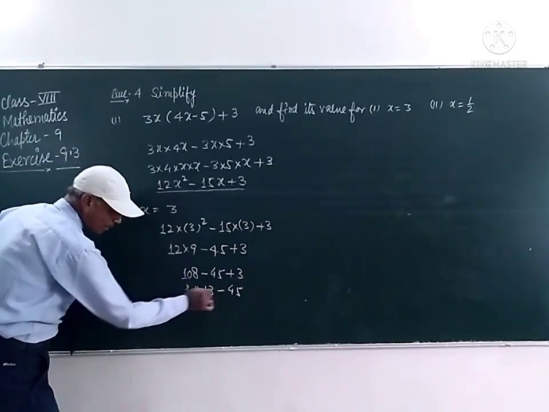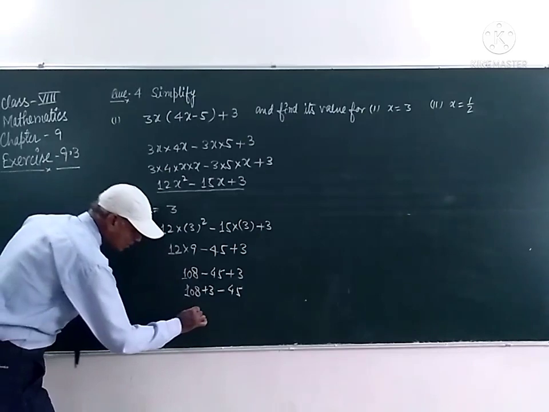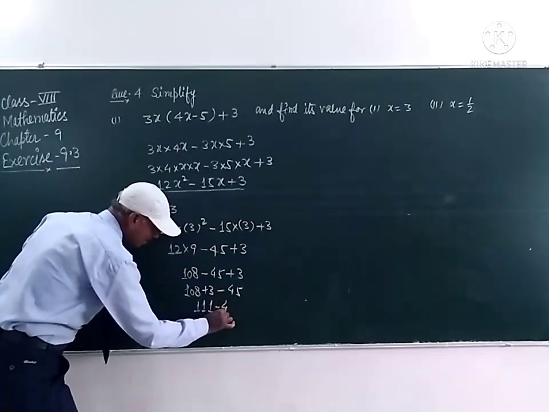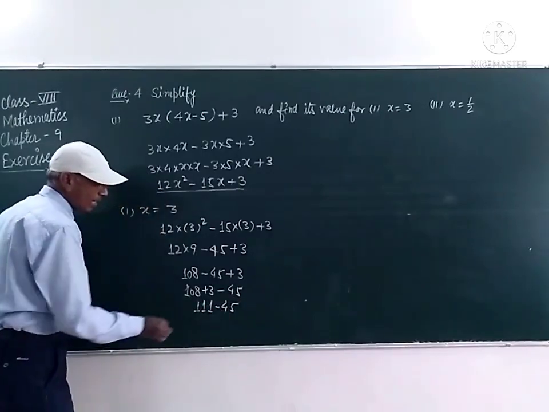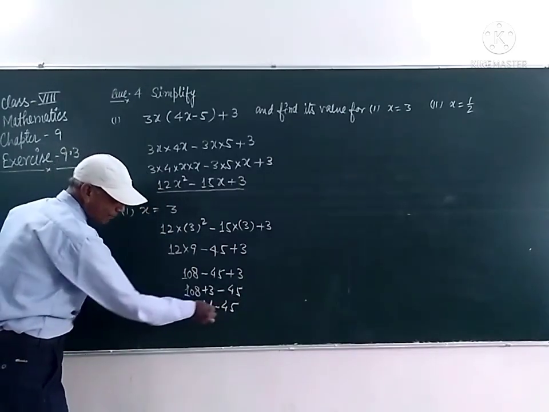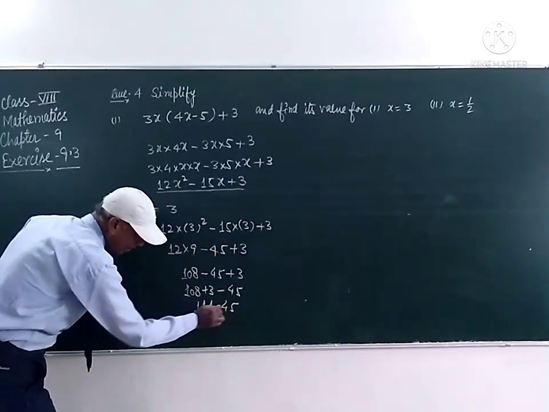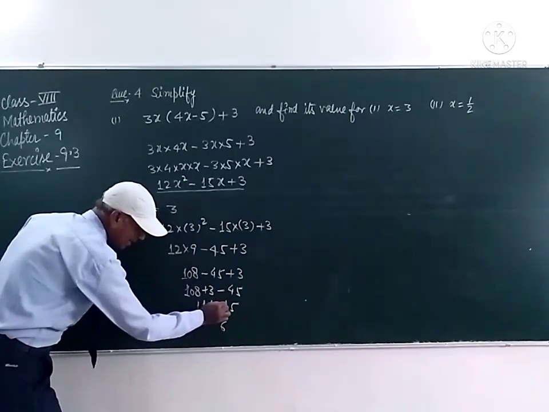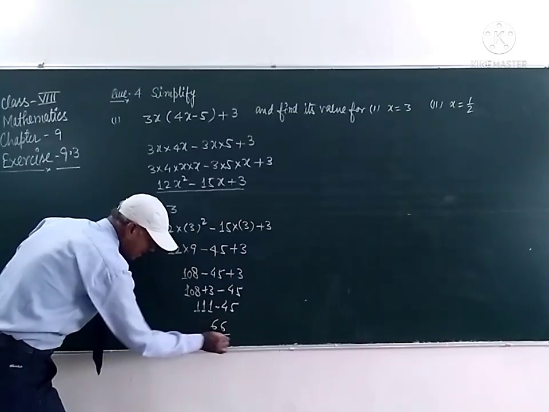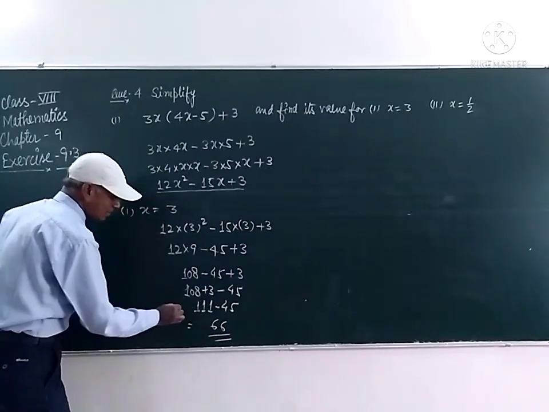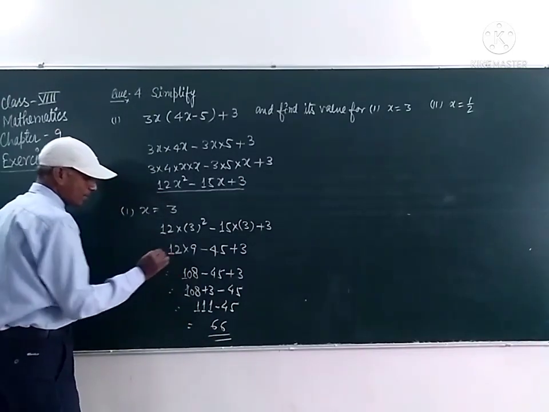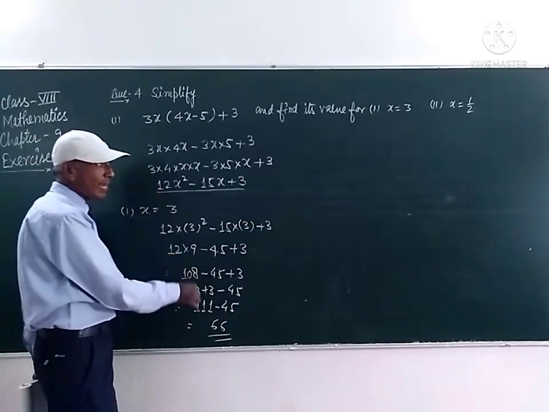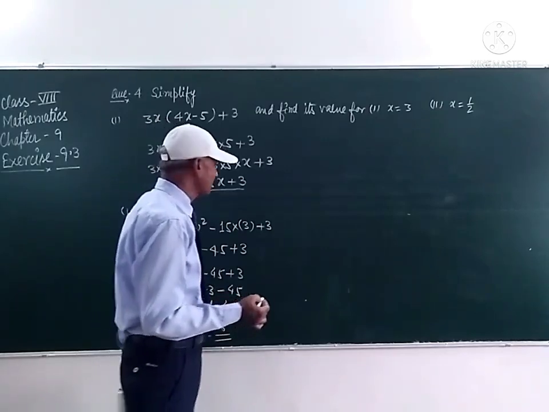So this one will be 108 plus 3, it is 111 minus 45. After subtracting 45 from 111, it will be 11 minus 5, that is 6, again 10, 10 minus 4, that is 6. Answer will be 66, student. Now the value of this expression is 66.